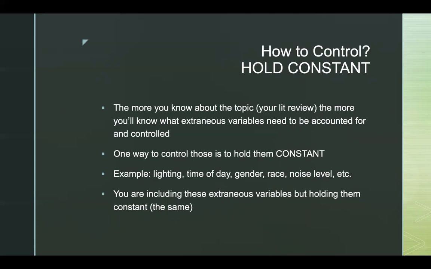You're including those in your experiment, but you're making them the same for all of the groups. Since they're the same for every single group, you know that the only thing that's different, hopefully, is your independent variable. Therefore, you can attribute any change in the dependent variable to what you did with the independent variable.